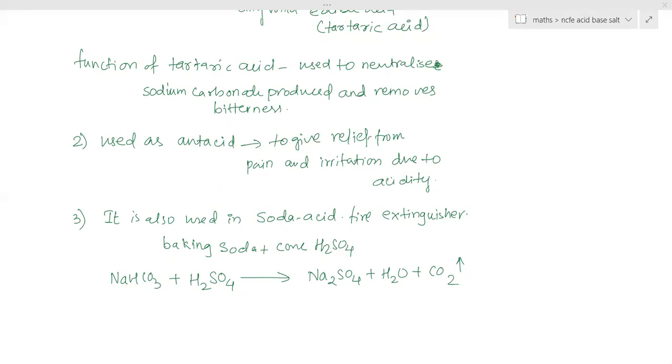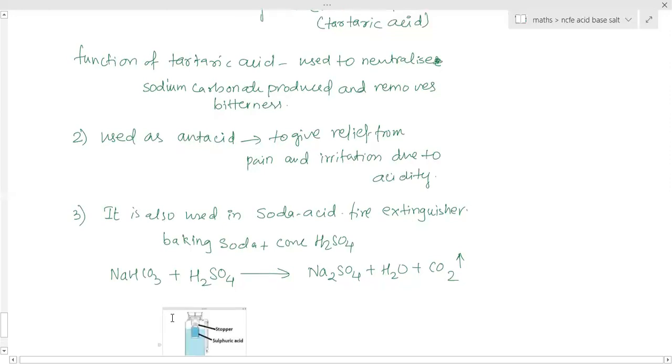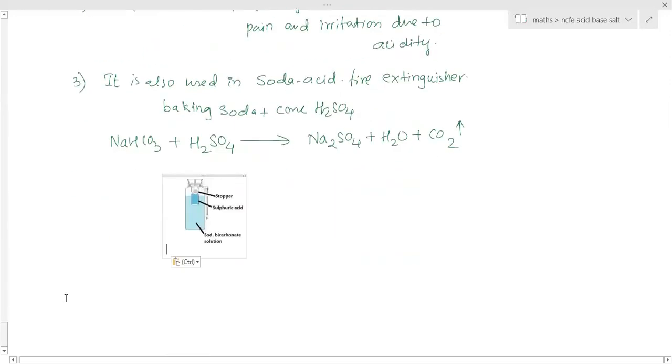So carbon dioxide is produced, and when it comes out, it will extinguish the fire. Carbon dioxide is used for extinguishing fire. That reaction is done, but it is a one-time use. When it is used one time, we have to refill it.